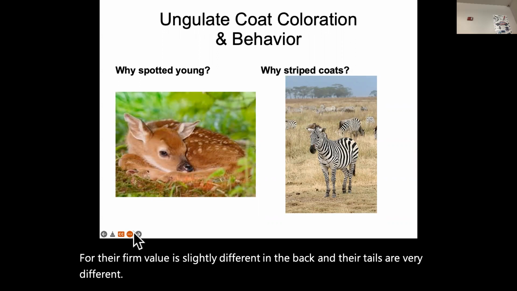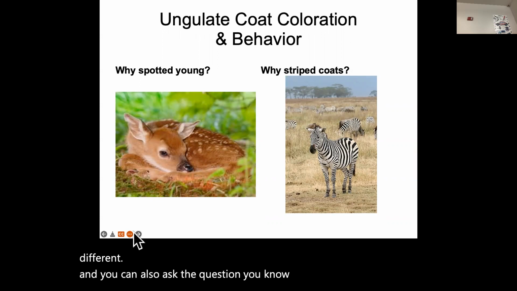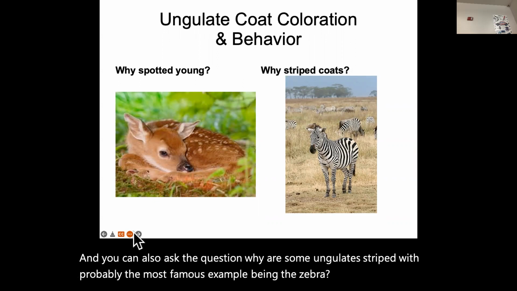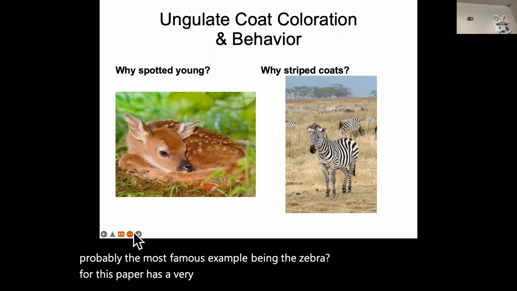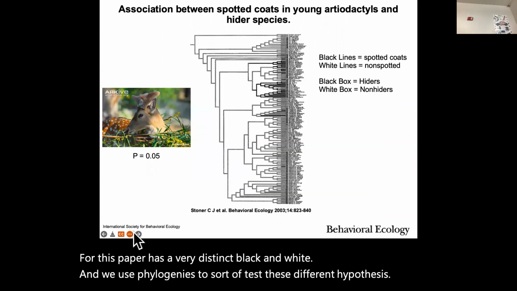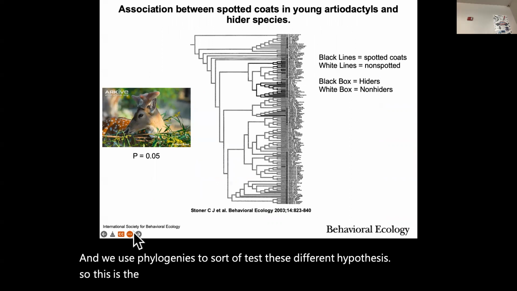You can also ask the question, why are some ungulates striped? With probably the most famous example being the zebra. The zebra has a very distinct black and white pattern. And we use phylogeny to test these different hypotheses. So this is a phylogeny of ungulates, and do not worry, you cannot read that.